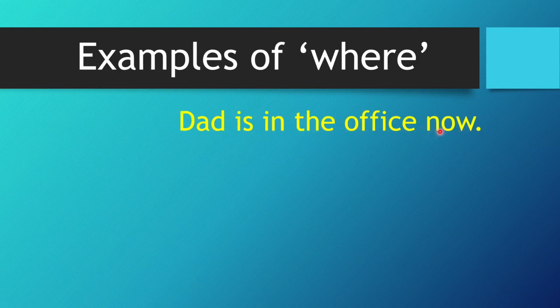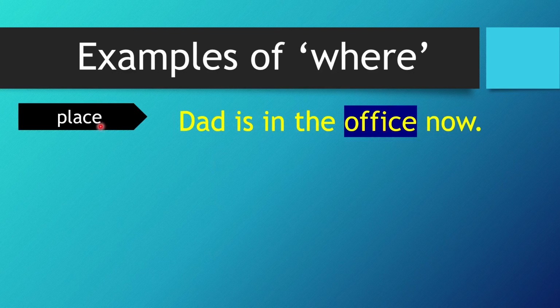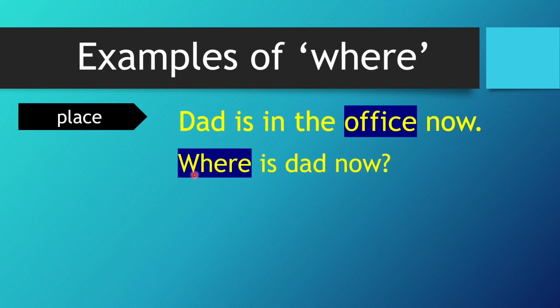Dad is in the office now. Here, office, this is the place. And the question will become, where is dad now? So dad is in the office. So here this sentence is given in the present form, and is, this is not the auxiliary verb here. When you find there is no other main verb given in the sentence, auxiliary verb works as the main verb.